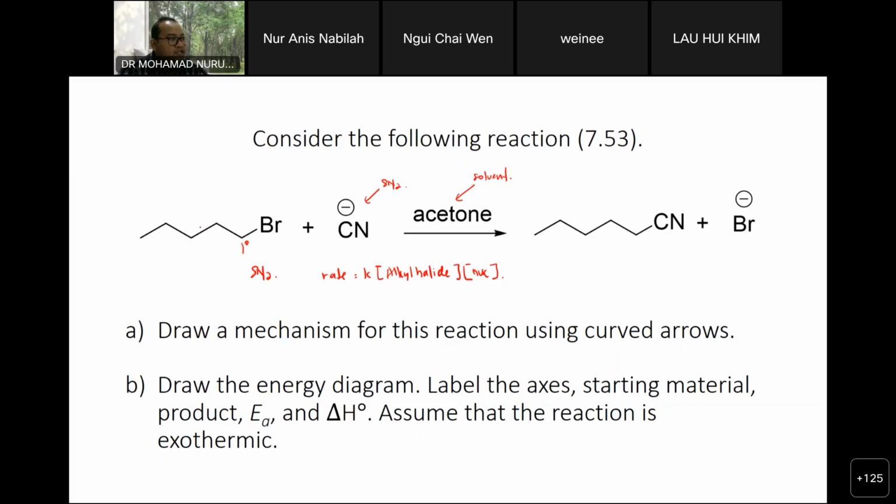For the energy diagram, it's only one hump. You have to assume the reaction is exothermic, so you have to know whether the overall delta H should be positive or negative. I think that's all we can discuss about this kind of question; I hope you can do it by yourself. It has already reached 9:30, so we will proceed with the other questions.